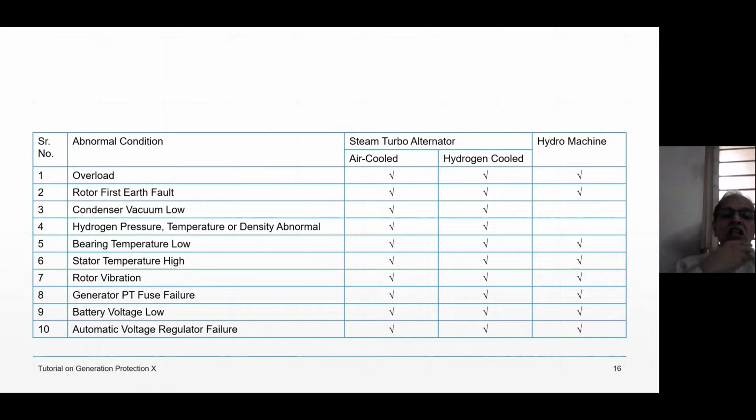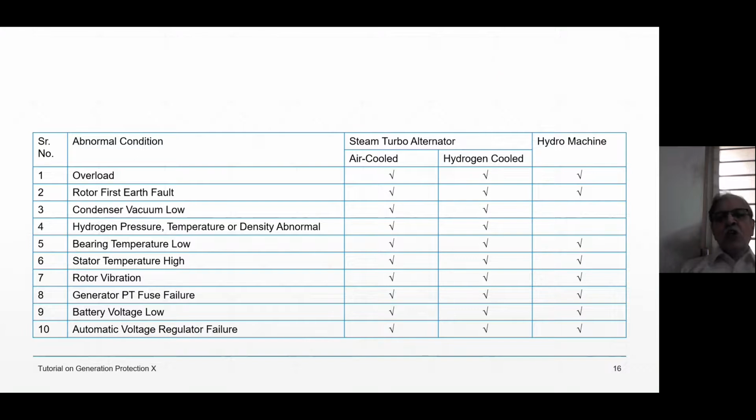Then what are the conditions causing alarm? In this, only alarm is sounded. Overload. So in air-cooled steam turbo alternator or hydrogen-cooled or hydro machines, this facility is there. Rotor first earth fault protection.